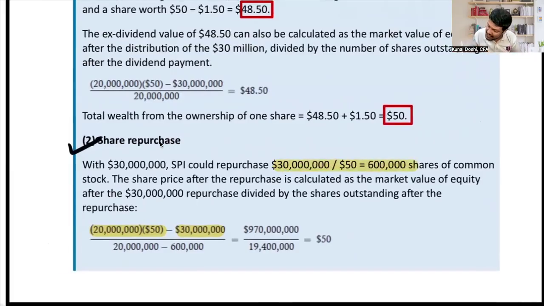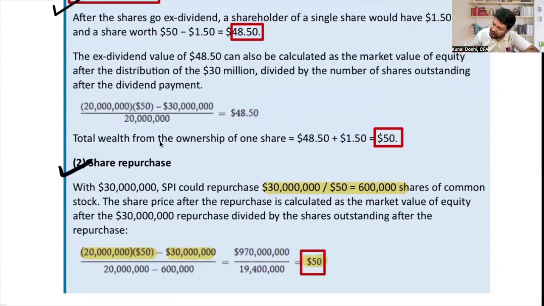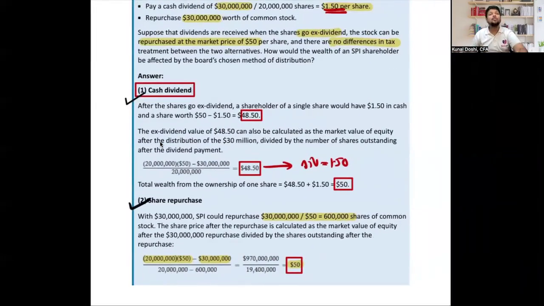If you adjust that, you will get the post-buyback price also at 50. No change. Here also it's 50, just that 48.5 is in the stock and you have a dividend in your hand of 1.5. So you will notice that the total wealth of the investor is the same. This is what Modigliani-Miller was saying.